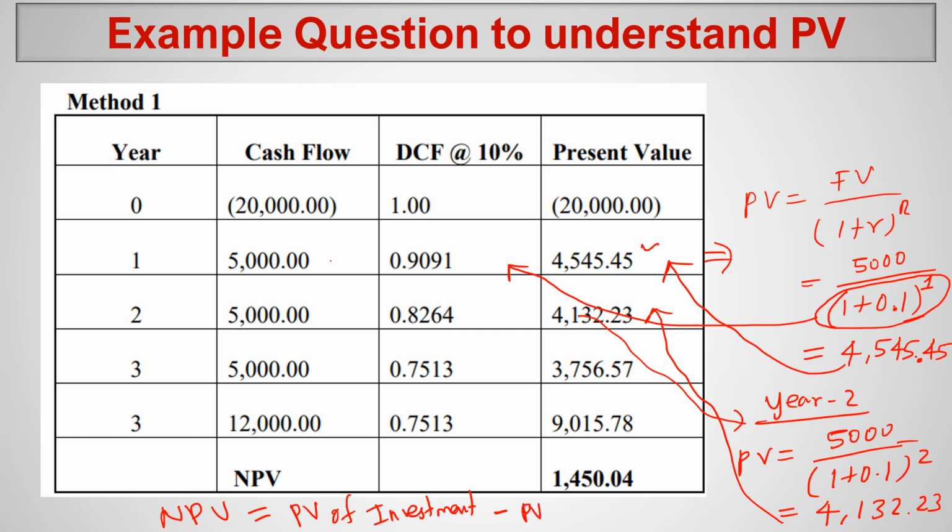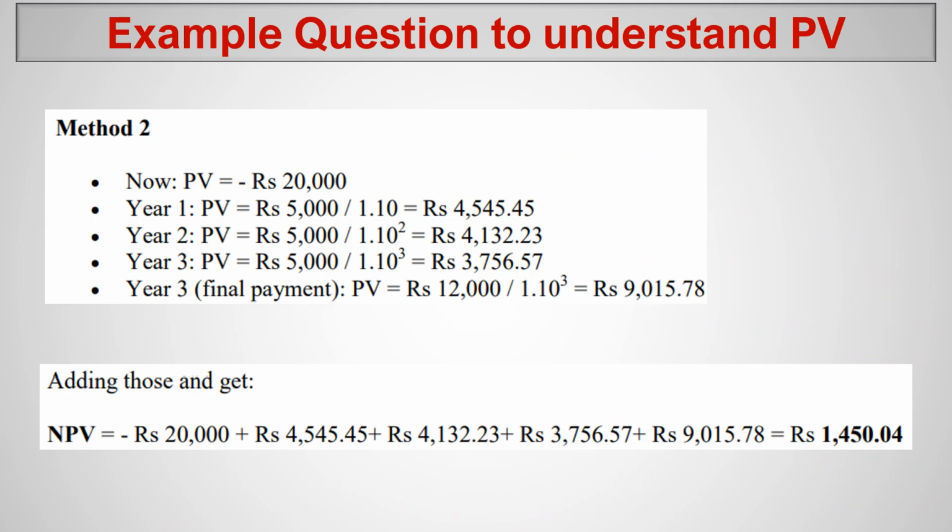So here the present value of investment is 20,000. For the present value of revenues, we are adding all these revenues in present value terms. We add all these revenues and subtract 20,000, and we get 1,450 rupees. So here the NPV is positive, about 1,400.